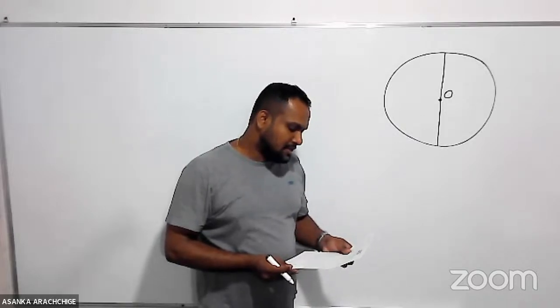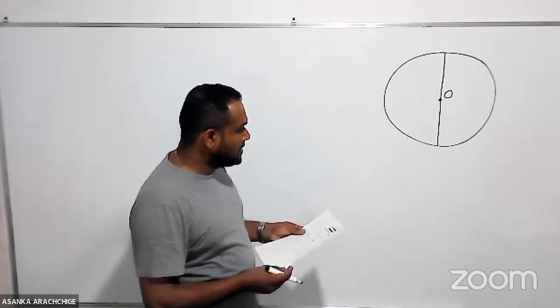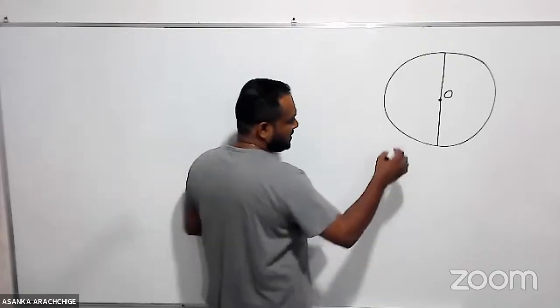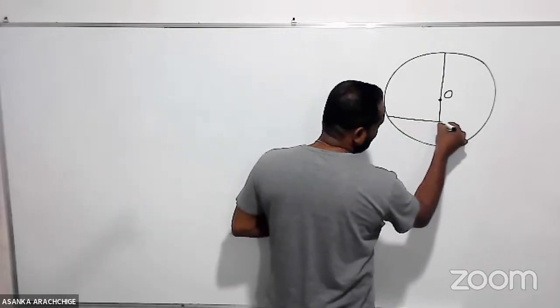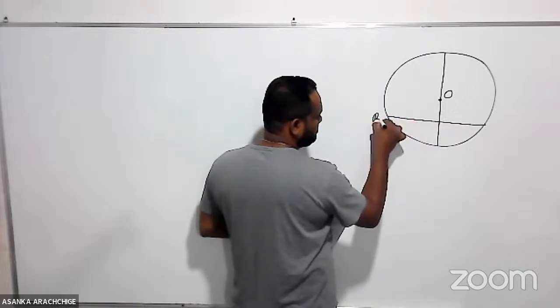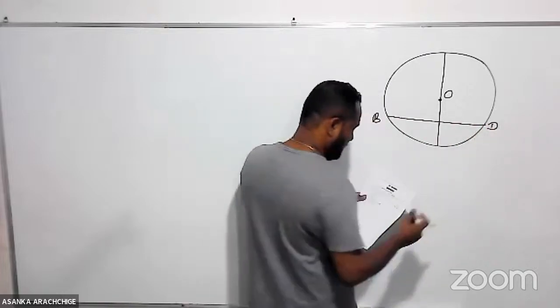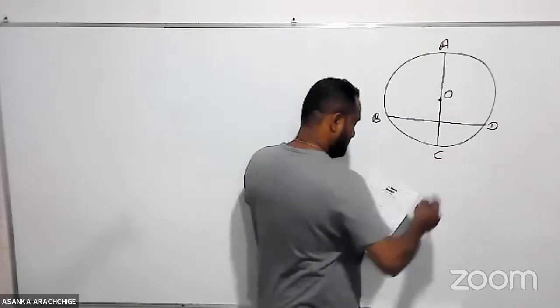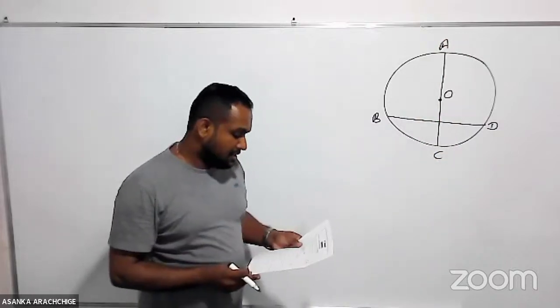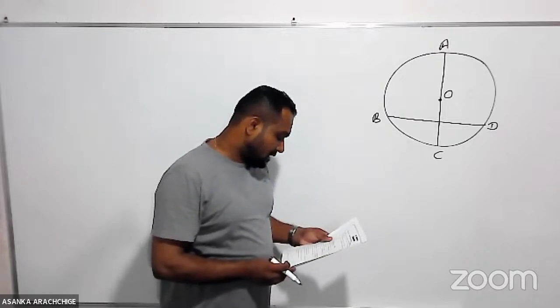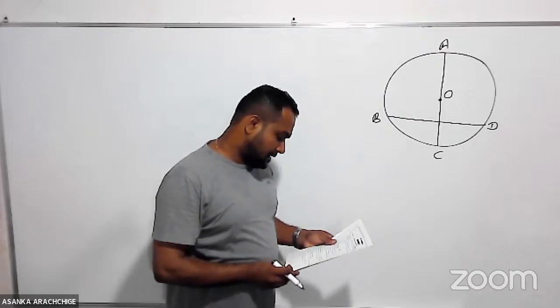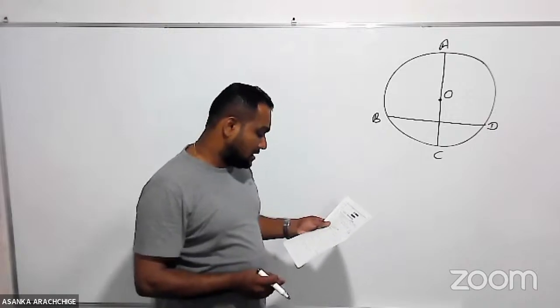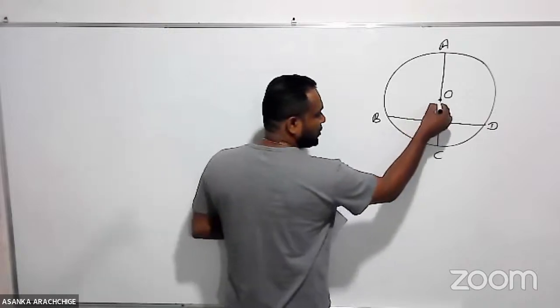Angle BDC is 30. Here BD is a chord, and this is AC, the mentioned diameter.